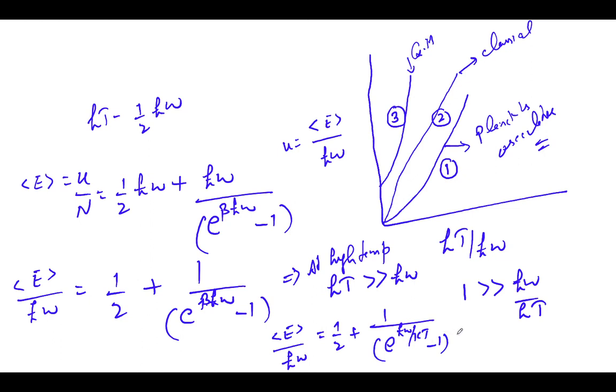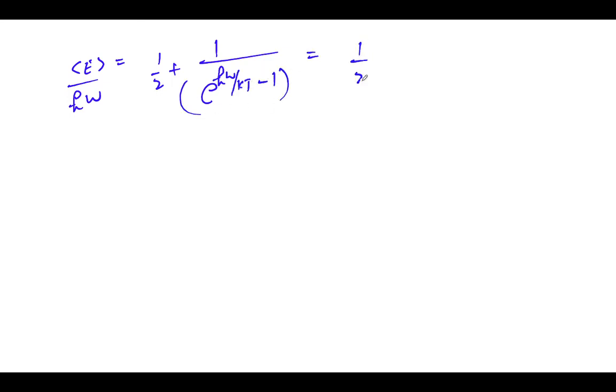And solving this, let us write it on the next page. So this comes out to be 1 by 2 plus 1 over exponential of h bar omega over kT minus 1, which is equal to 1 by 2 plus 1 over 1 plus h bar omega over kT minus 1.